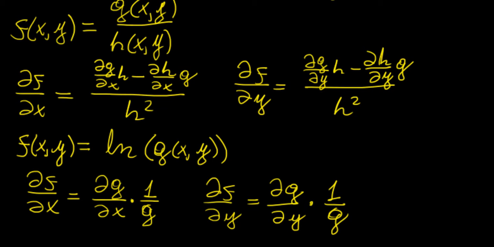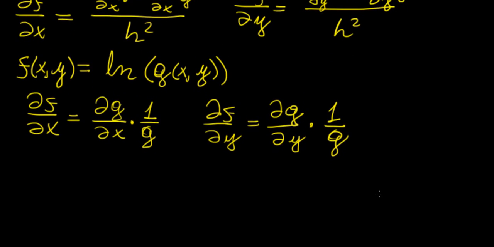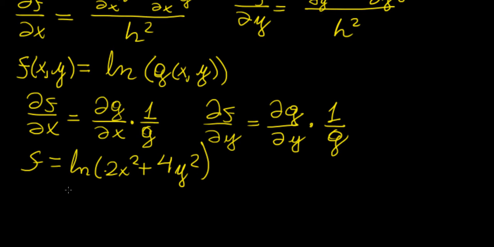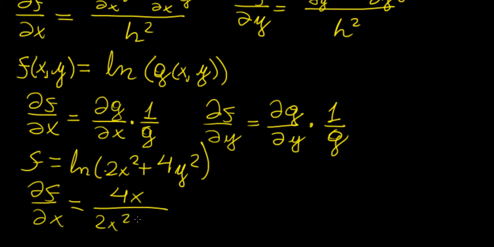Now just to show you an example, let's have the function f equals the natural log of 2x squared plus 4y squared. For the partial derivative with respect to x, we take the derivative of the inside, which is going to be 4x over 2x squared plus 4y squared.